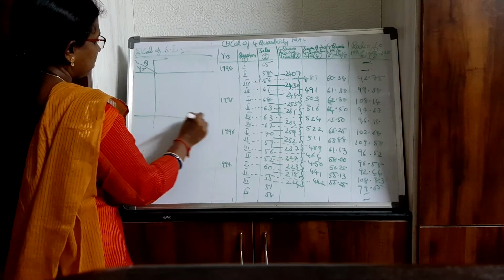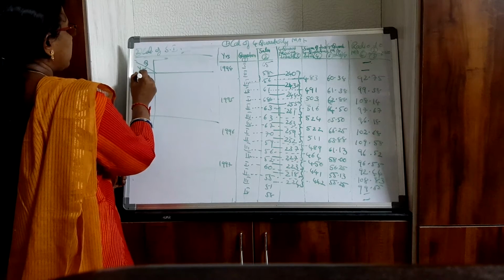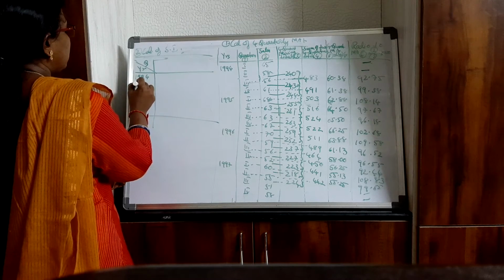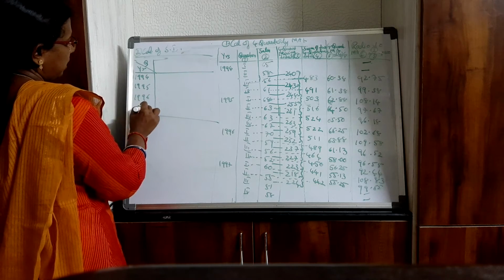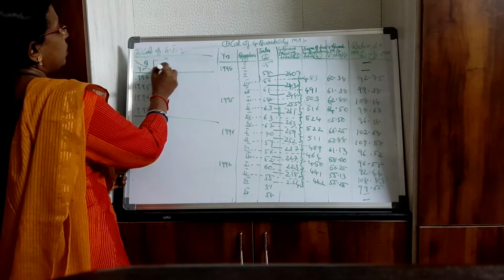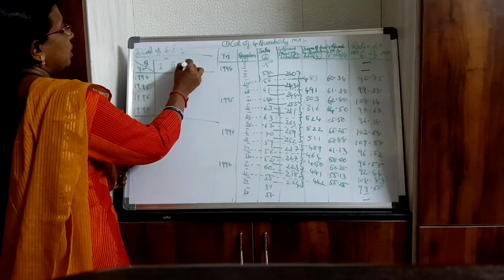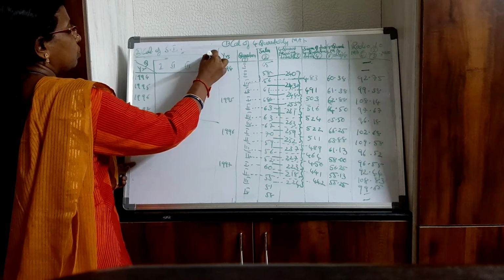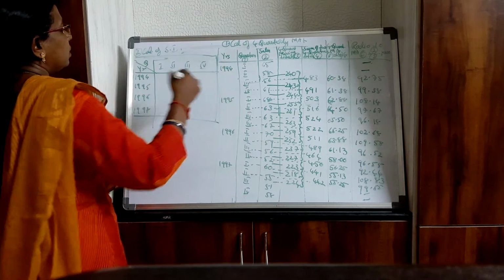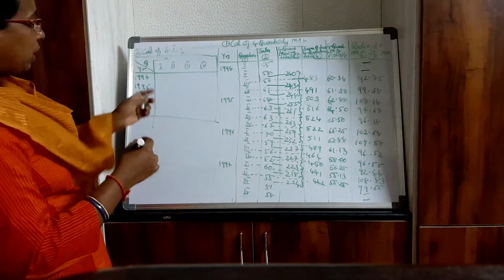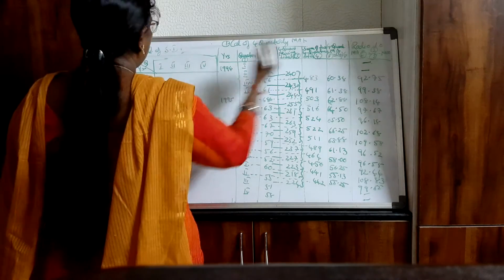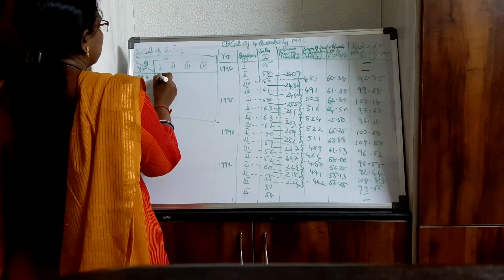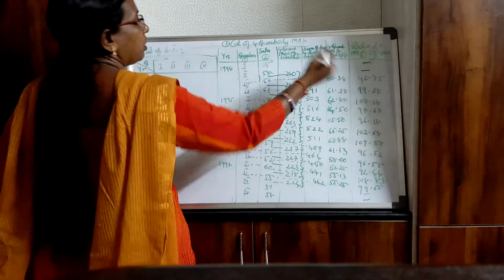Write the years 1994, 1995, 1996, 1997. Then first quarter, second quarter, third quarter and fourth quarter values. Now write the ratio to moving average values here. So 94 first quarter value is blank. 94 second quarter value is blank.